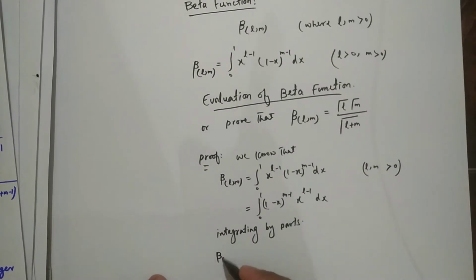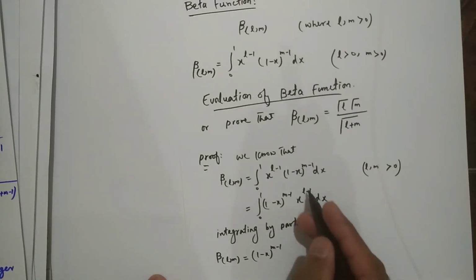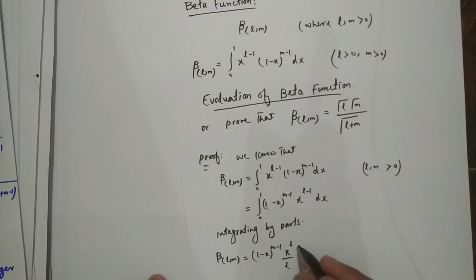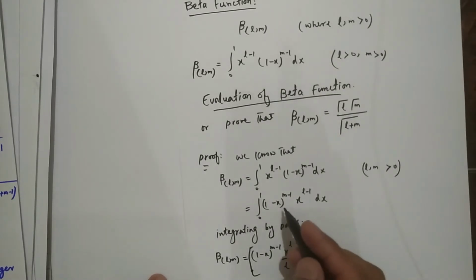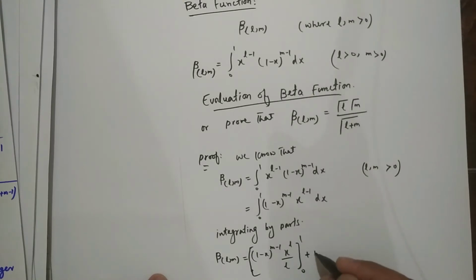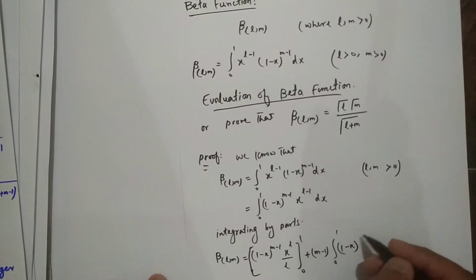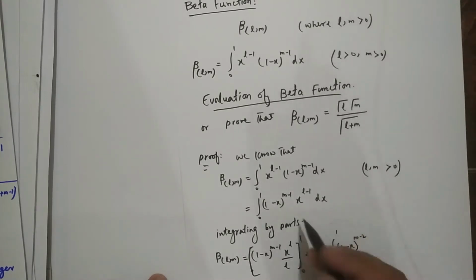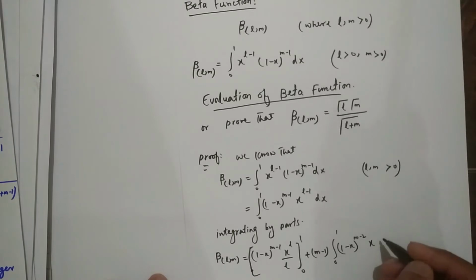So beta(L, M) is equal to the first function, (1 minus x) to the power m minus 1, into the integral of the second function, so its integral will be x to the power L upon L, with limits from 0 to 1, plus the derivative of the first function, which is m minus 1 into (1 minus x) to the power m minus 2, and the integration of the second function, which is x to the power L upon L, into dx.